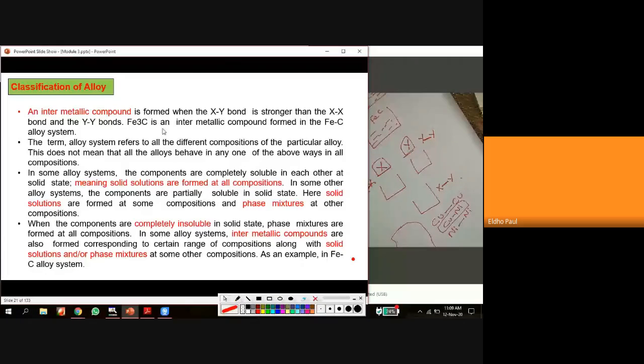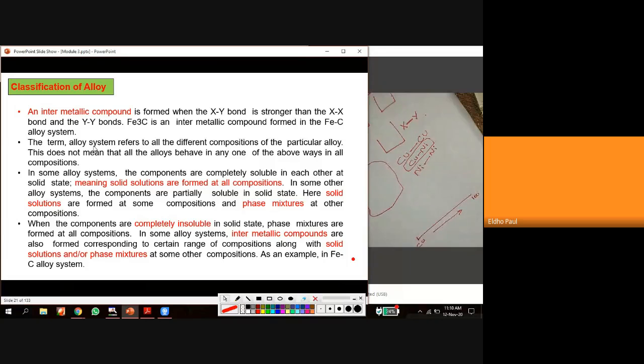Okay, and the term alloy system refers to all the different compositions of a particular alloy. It is not a single composition. That means, for example, in case of copper nickel, here I am taking copper nickel. So the percentage of copper is 0 here, and it increases from 0 to 100.